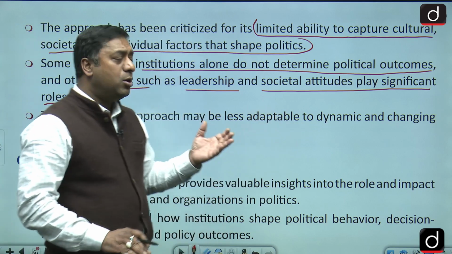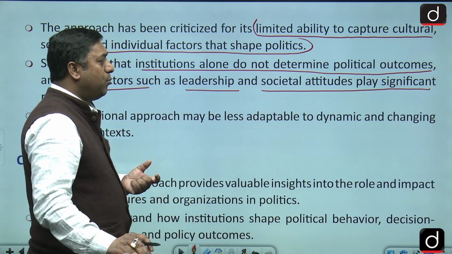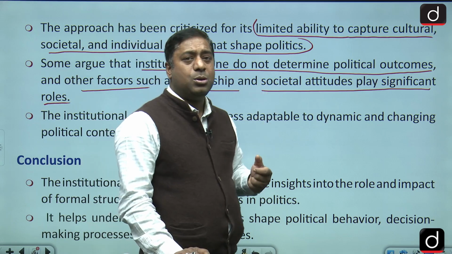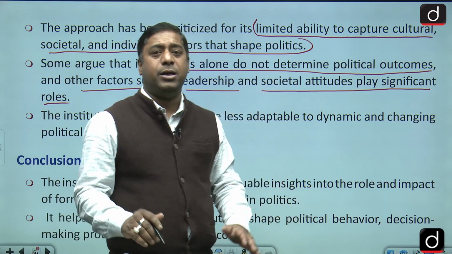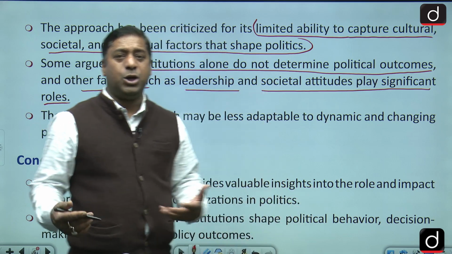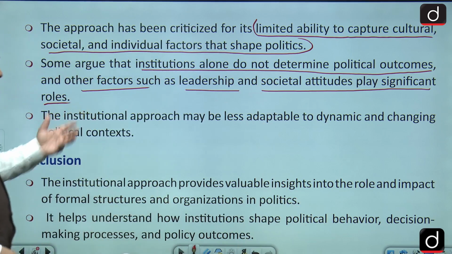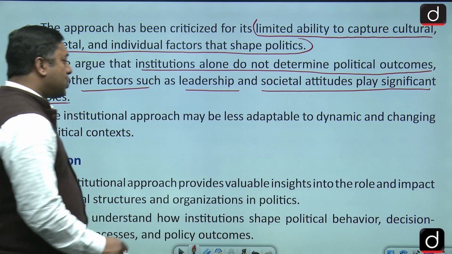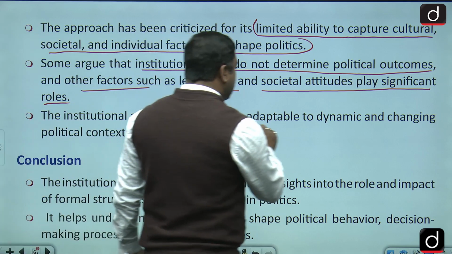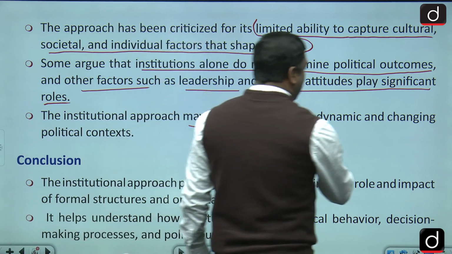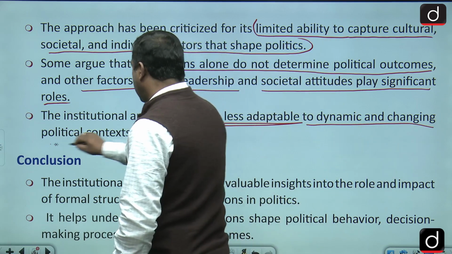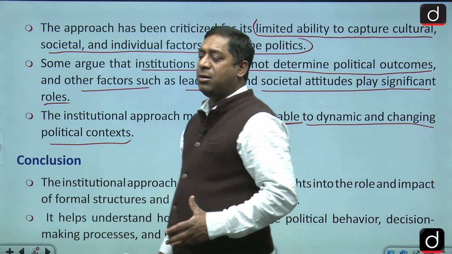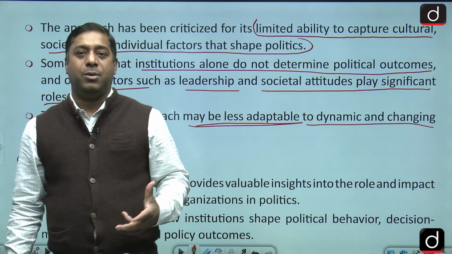Leadership also influences political outcomes. In the same way, societal attitudes: what is the attitude of society towards a political party, towards politics? That also plays a significant role. And the last criticism is that the institutional approach may be less adaptable to dynamic and changing political contexts. It's not that dynamic, not that adaptable.